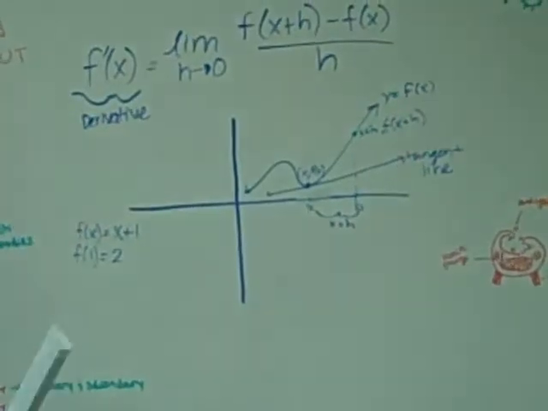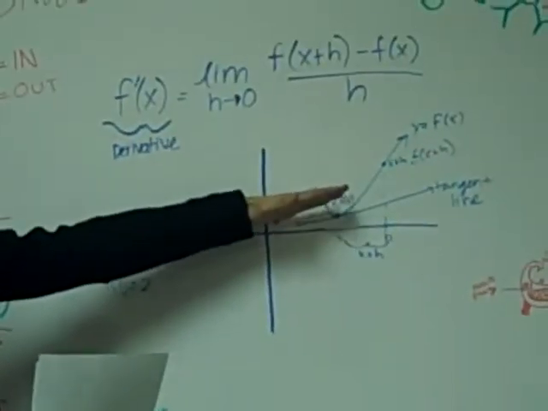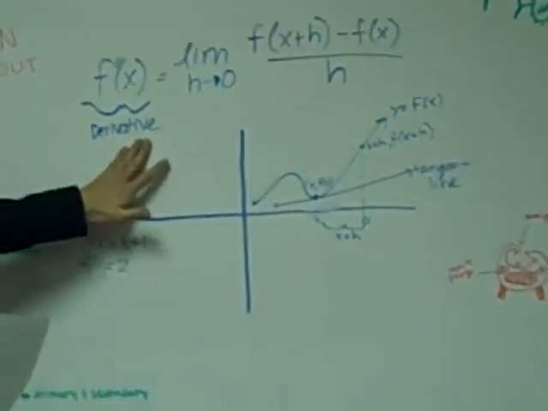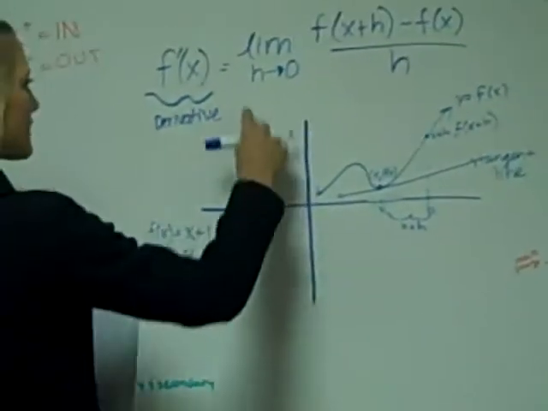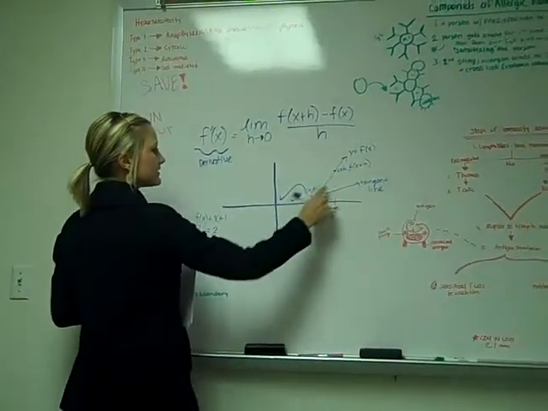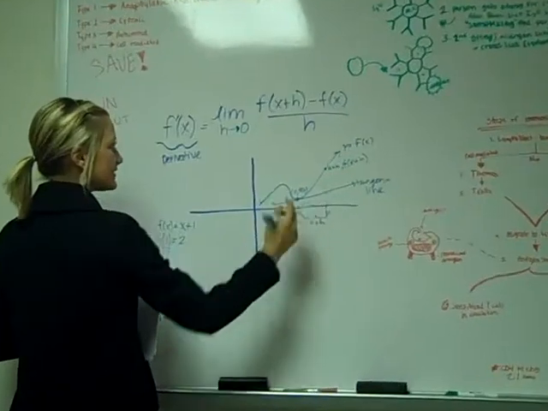And we can use this definition to find those closer approximations of the slope of the tangent line. So what we're going to do is find the derivative. So we're going to find the changes in the y's over the changes in the x's.